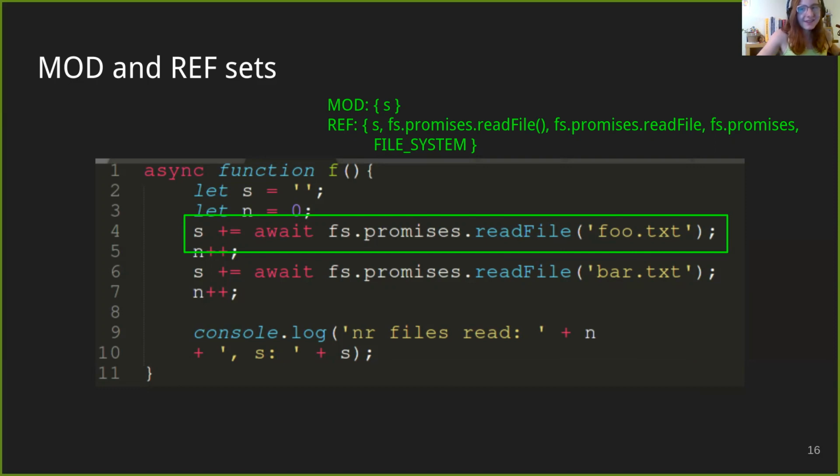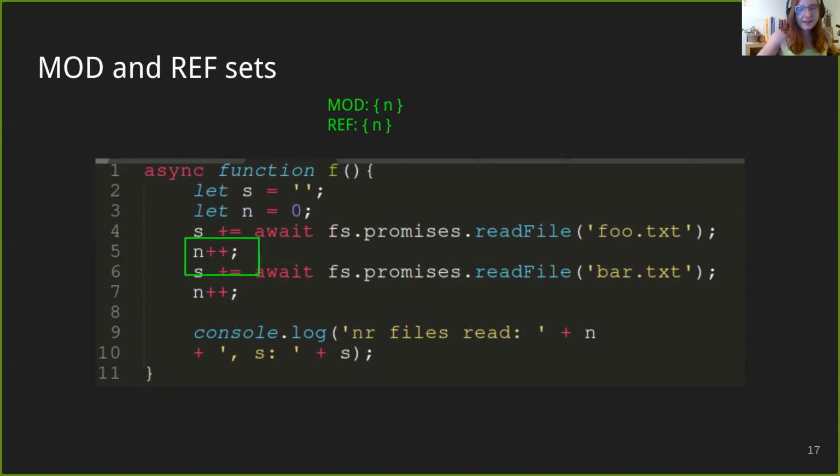So everything in that chain of accesses is being accessed. And then finally, we see this all caps FILE SYSTEM variable. This is our representation of the file system environment. It's basically a fake variable that we introduce, just to make sure that we track what statements are using what environments.